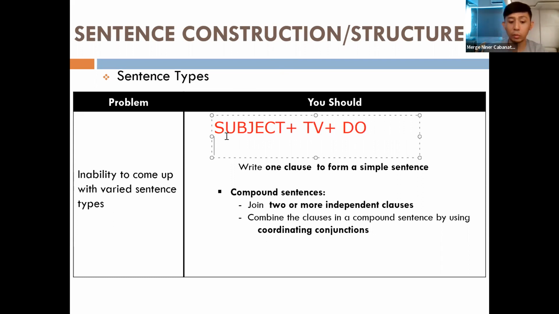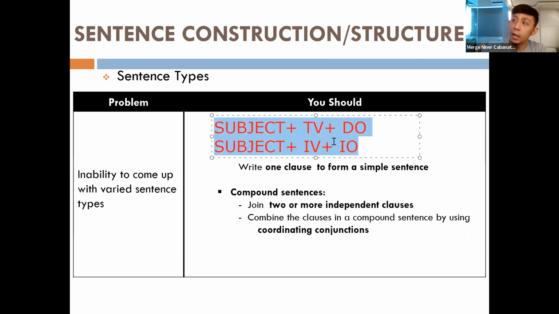Pinag-aralan natin sa grammar 2, or perhaps you can go with a subject, intransitive verb, saka indirect object. Yan. Subject, intransitive verb, and indirect object. Or kahit subject, intransitive verb, yun yung pinaka-minimum requirement para makabuo ka ng sentence or what we call an independent clause. So it's very simple.